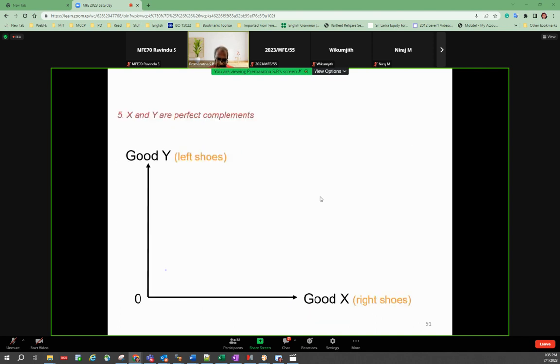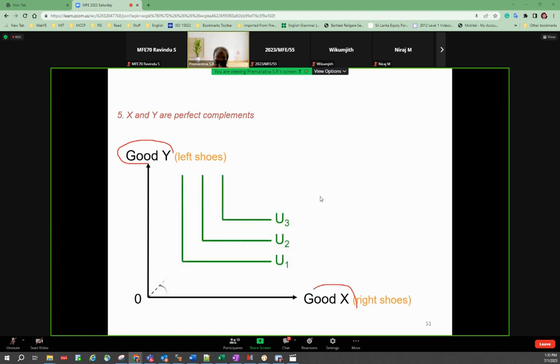The other one is where we can increase or decrease consumption of Y without considering X. This kind of good we call perfect complements, and their indifference curve is an L shape. The usual example we use is left shoes and right shoes.